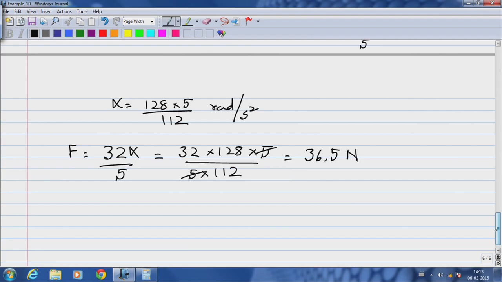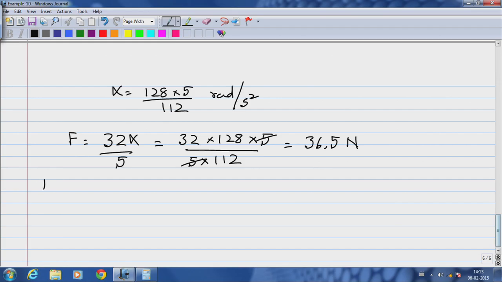This is the friction force acting at the point of contact in order to achieve no slip. So, I will say this is the value of f under no slip conditions.